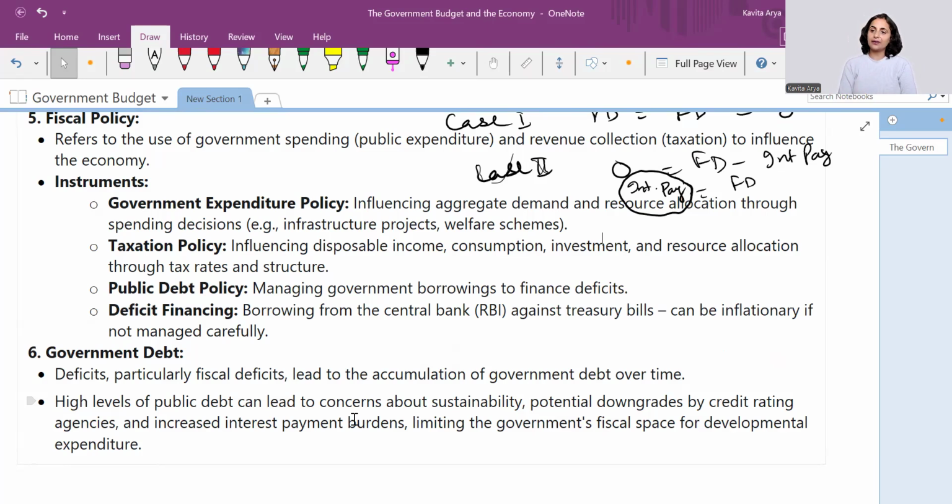If the debts are taken by the government for routine expenses, that talks about the inefficiency of the government. High levels of public debt can lead to concerns of sustainability, potential downgrades by credit rating agencies, and increased interest payment burdens, limiting the government's fiscal space for developmental expenditure.